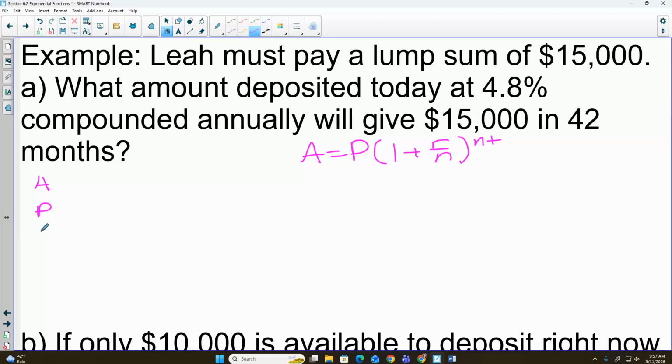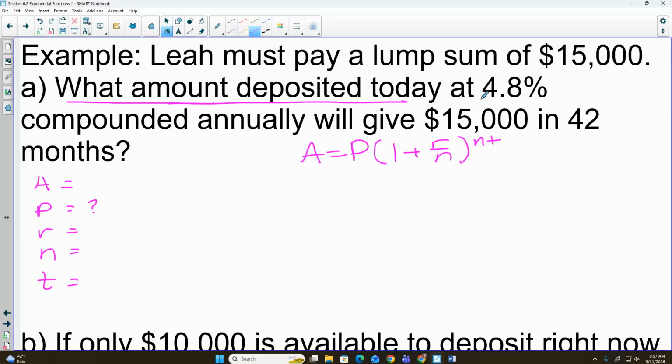So we have all of these variables we need to find. Okay, so what amount deposited today? Well, I'm asked to find the amount today. Which variable is the amount right now? P. So P is what we don't know.